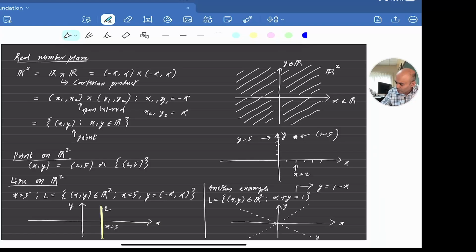This is the y equal to minus x line. If you add a constant 1 to each point, so we had 1 here, and 1 here, and so on, and then you take all points, that gives us the line y equal to 1 minus x.